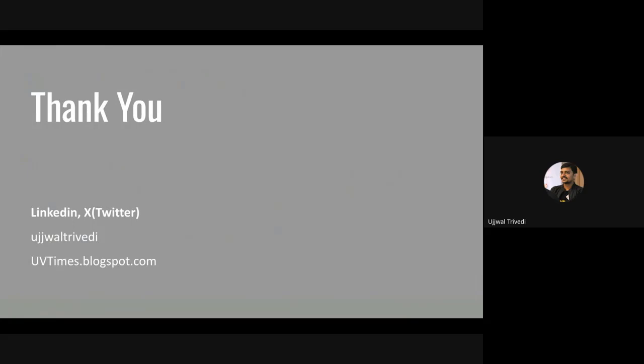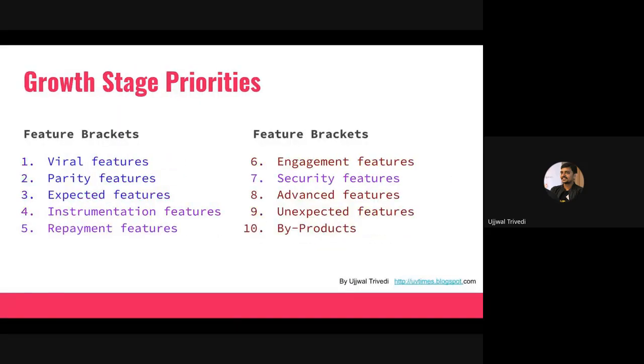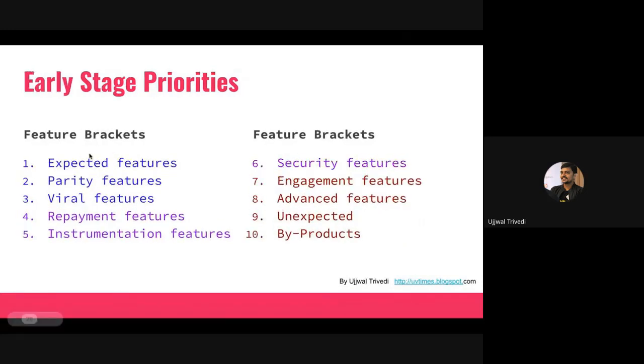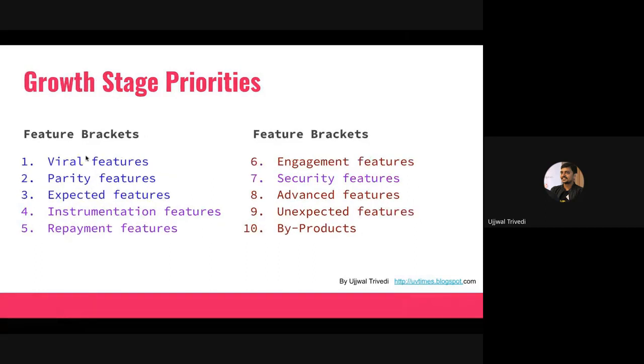So this is how things change in the life cycle, based on what kind of life cycle stage you are in. Typically for you guys it will be this or this, right? So first it will be expected, parity, viral, repayment, instrumentation, and then viral will become a little more important, right? Once you have a critical mass of people and you're already in the growth stage, more viral, more engaging features will become more important, right?